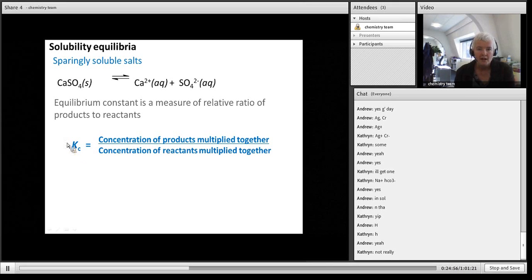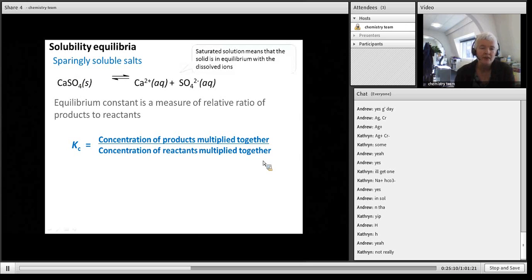So I have my concentration of calcium with my concentration of sulfate goes on top, and I divide it by my concentration of my reactants below here. Okay, I forgot to mention, when I take an insoluble salt like calcium sulfate, it's not particularly soluble, I get a saturated solution quite quickly, where it means no more solid will dissolve.